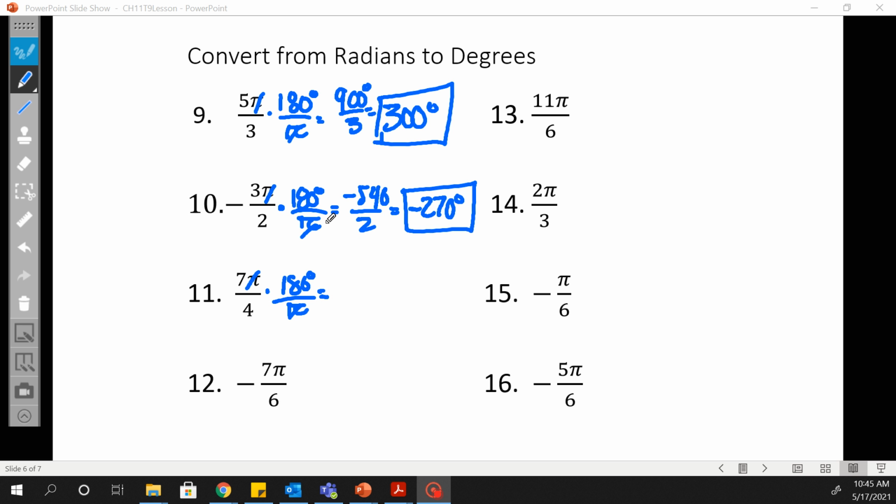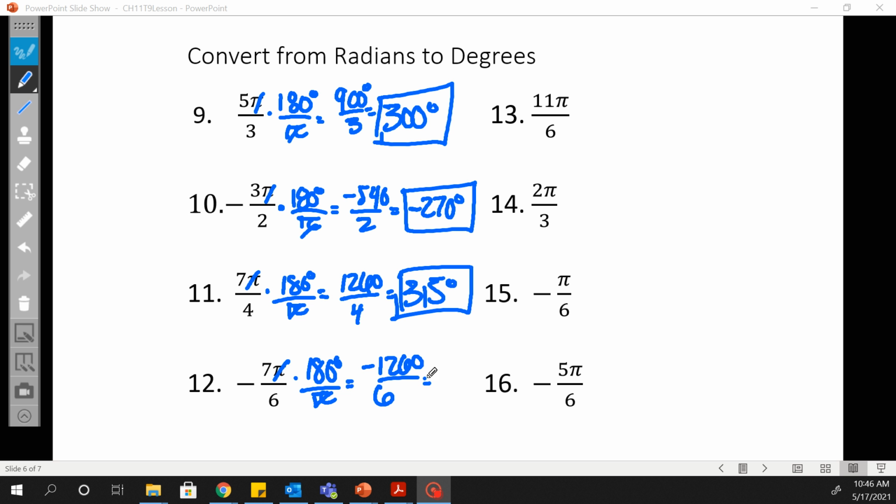So 7 times 180, it's 1260 over 4. So that's 315 degrees. 180 over pi. Pi's cancel. 7 times 180. So I got negative 1260 over 6, which is negative 210 degrees.